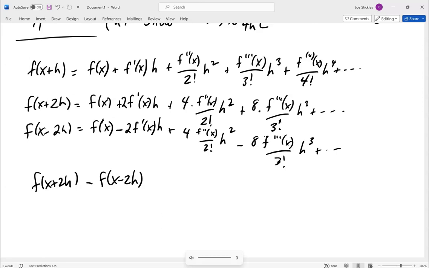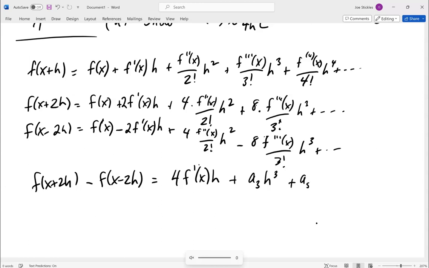Rather than trying to write these constants out every single time, we know that's a constant of some sort. So let me just write 4f prime of x times h. We'll do this minus this. There'll be some constant. Since it's the third power, let me call it a3h cubed.